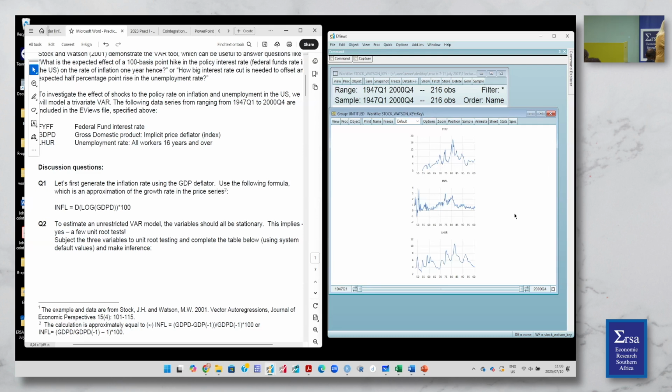But that is approximately equal, that curvy equal sign, to the calculation (GDP minus GDP lagged) over GDP lagged times 100. Because of the log scale, each unit is a doubling. So it's the growth rate.